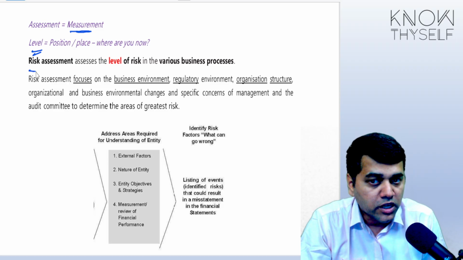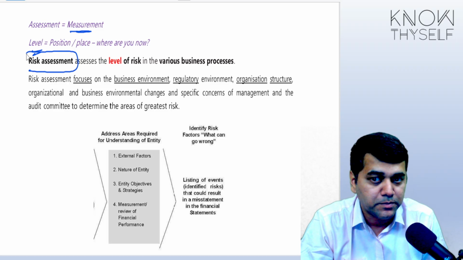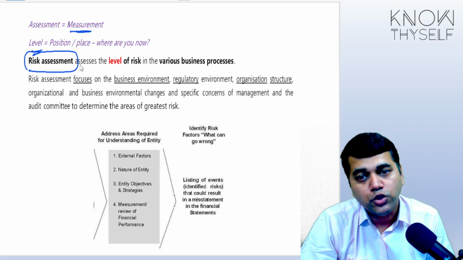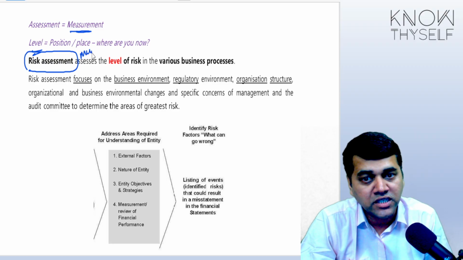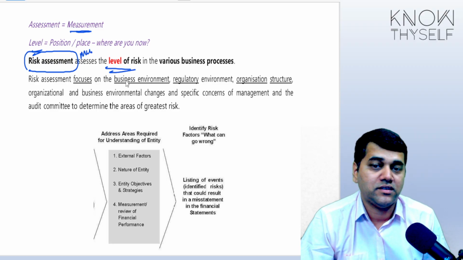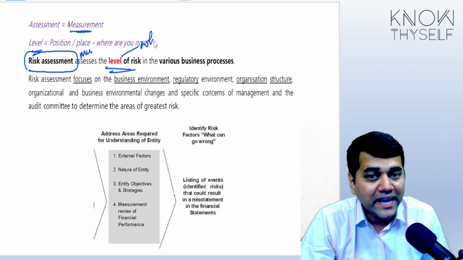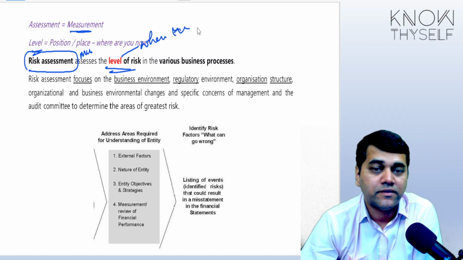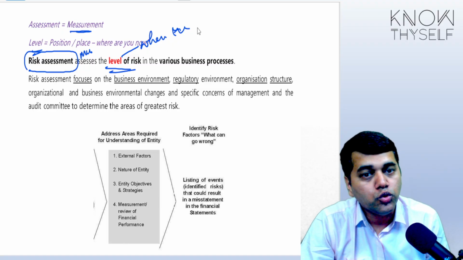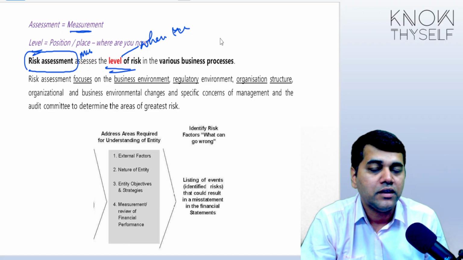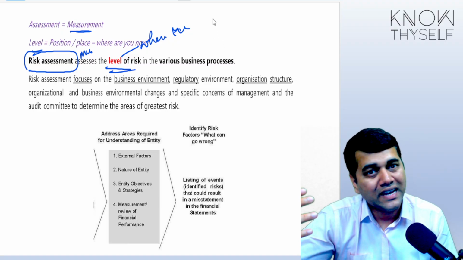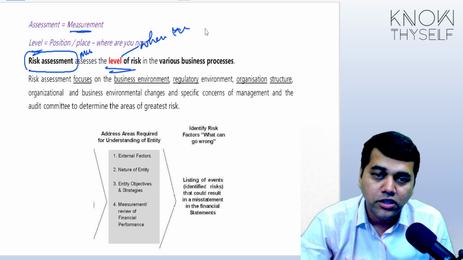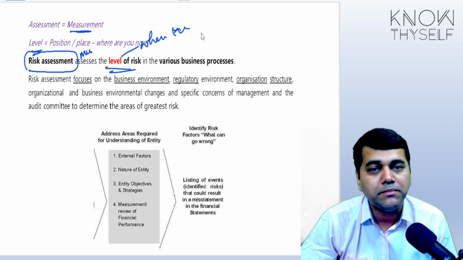So when you talk about the concept of risk assessment, you are trying to assess or measure the level of the risk, where exactly the risk is located. I am also trying to figure out the same. Do you lack memory? Do you lack articulation? Do you lack time management?